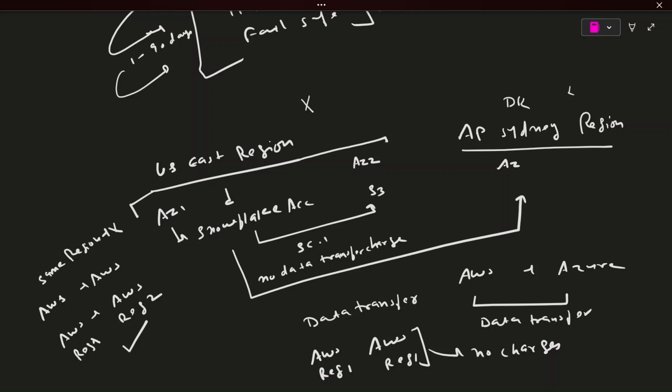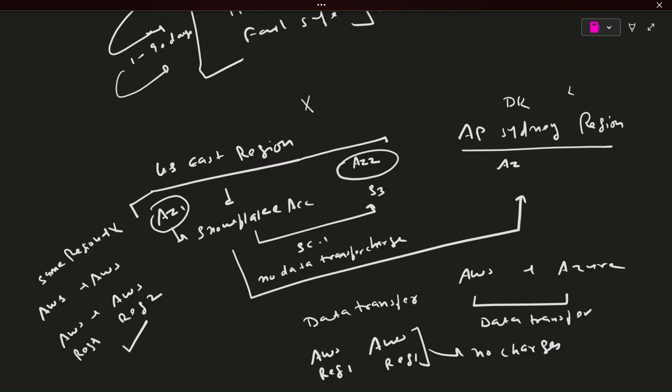Actually that is not in scope, but again I will tell you, when we are doing data transfer within the same region, it means data stays within the local provider network. So basically within the same region, for AZ1 and AZ2, AWS uses some local network, so data stays within that network.